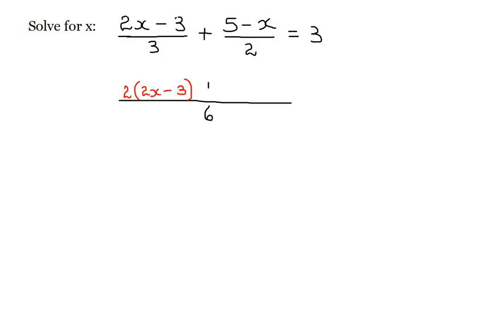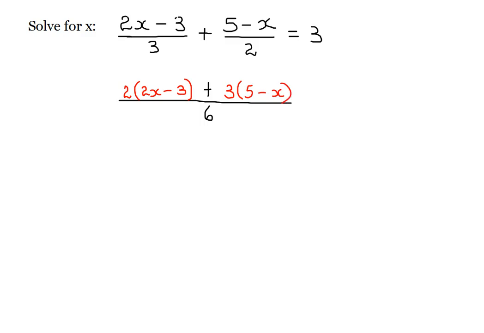Let's move on to the other fraction. We're going to ask ourselves, well, how many times can 2 go into 6? And we'll get a factor of 3, and we're going to multiply our numerator by 3. This gives us a statement resembling what we had in the first one: 3 times (5 minus x).